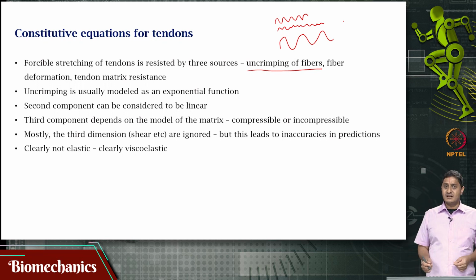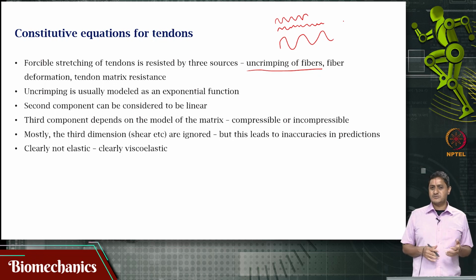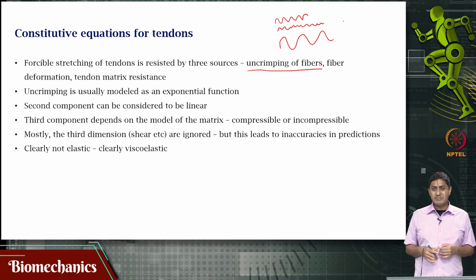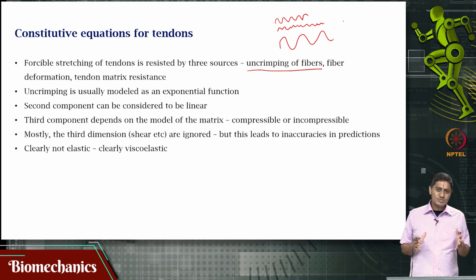So, uncrimping is an exponential function, and can be relatively accurately captured using an exponential function. The second component, which is fiber deformation, may be assumed to be linear for most cases.